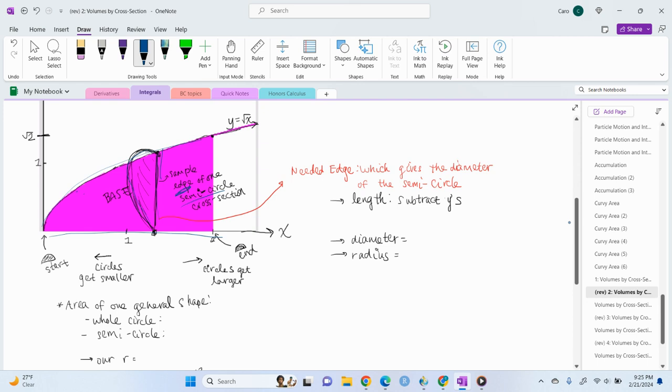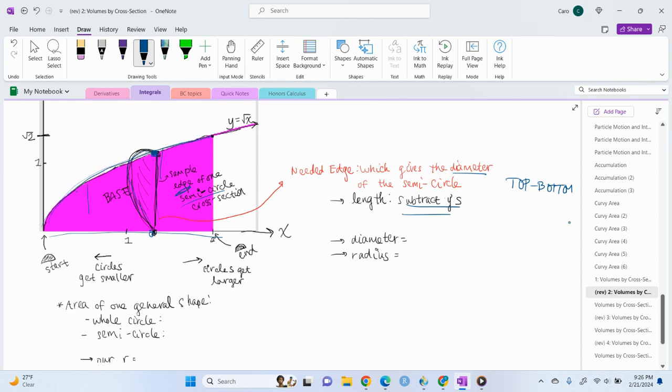So follow along here. I need to find the diameter of my semicircle. The diameter goes from the top to the bottom, so I'm going to do top minus bottom. I'm subtracting my y values. What's the y value up here? This is changing.